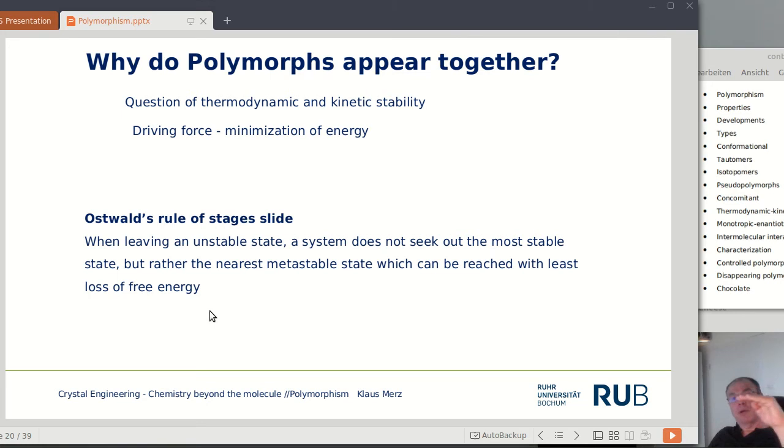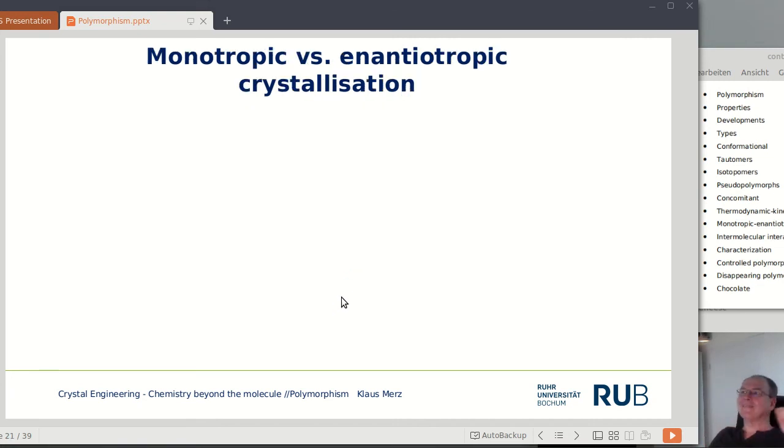Step by step going down. Ostwald's rule of stages. And this could sometimes be our task, to stabilize one of these metastable stages.